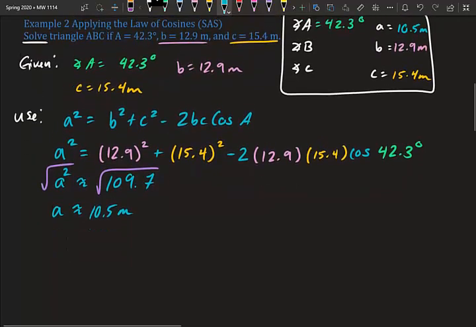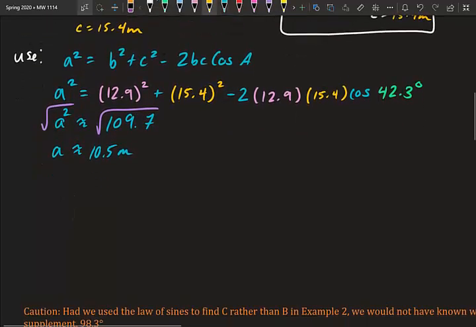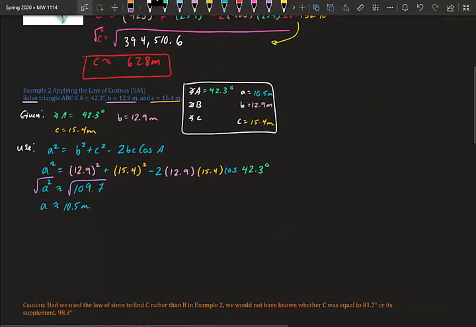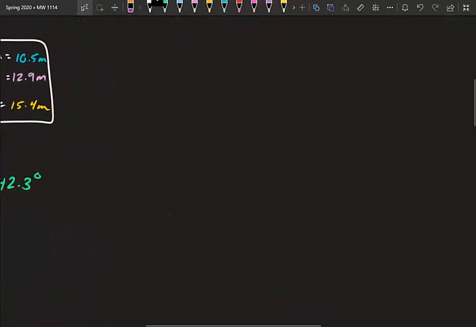All right, so let's go ahead and find angle B. I'm going to do it right here, because it's going to take some space. I'll go to the side. All right, let's find angle B. So to find angle B, we're going to be using law of sines. So we have sine B over B equals, always use what you're given.